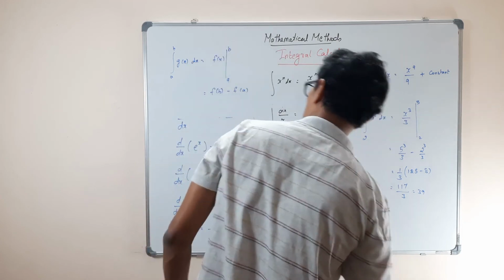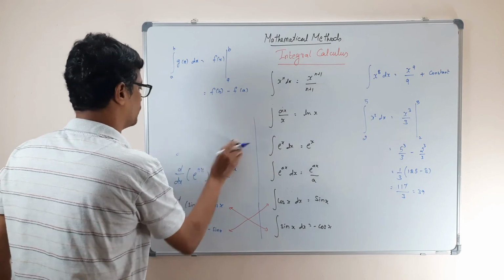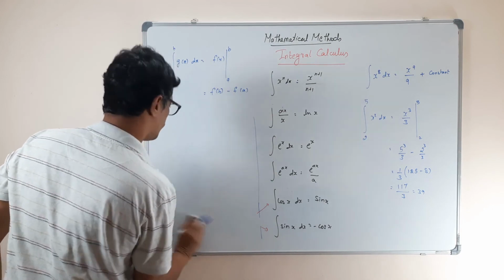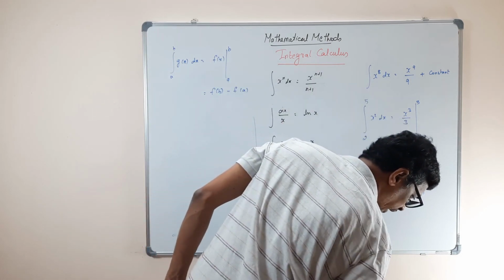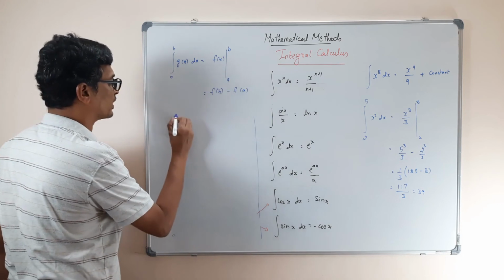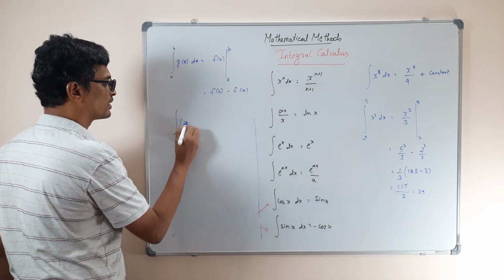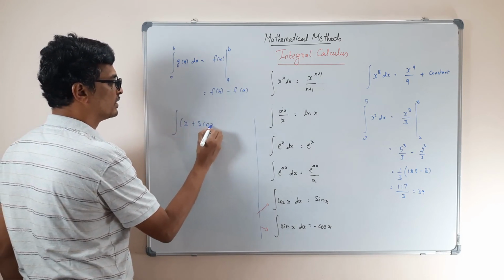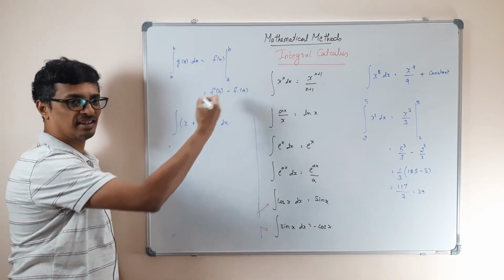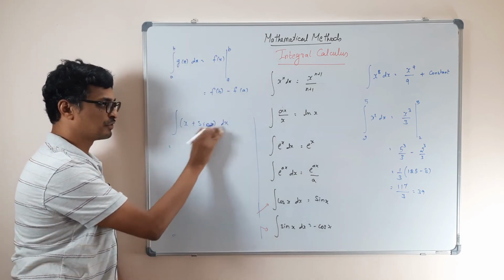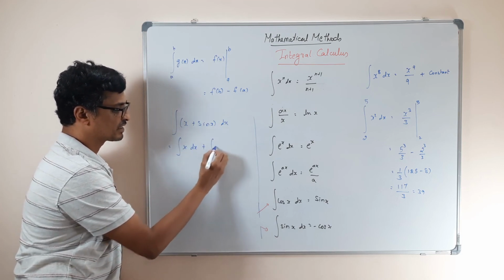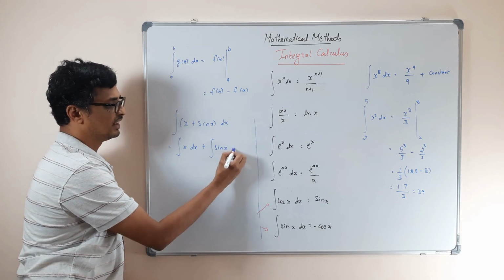They give one more problem also, and with that I will stop. The last one is again an indefinite integral: the integration of x plus sin x dx. You can use a property: integration of f1 plus f2 means integration of x dx plus integration of sin x dx.